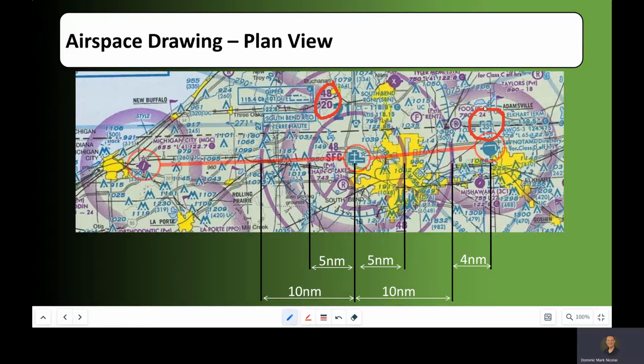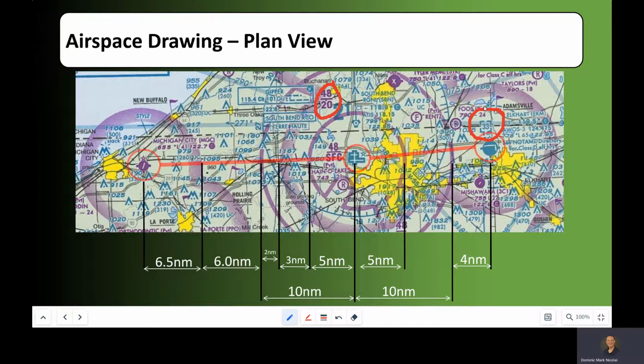And we go towards Michigan City. From the airport to the edge of the magenta is 6.5 miles. From the magenta area to the edge of the outer shelf is a 6-mile area. And then we see the blue shading extends for about 2 miles inside of that shelf.